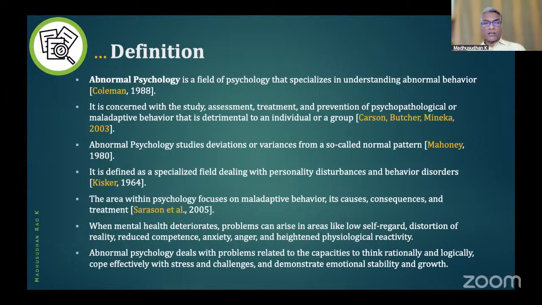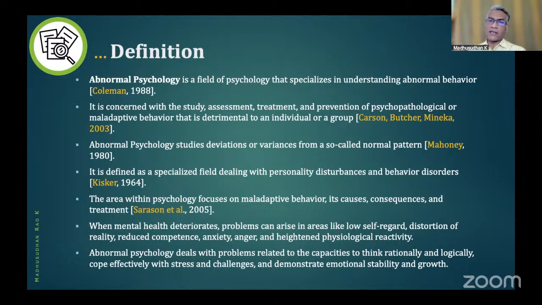So abnormal psychology studies deviation or variance from so-called normal patterns. So-called normal means, he said, a particular society has particular norms. Another society may have another norm. So he said so-called norms. You will call it normal, but somebody else may call it abnormal.